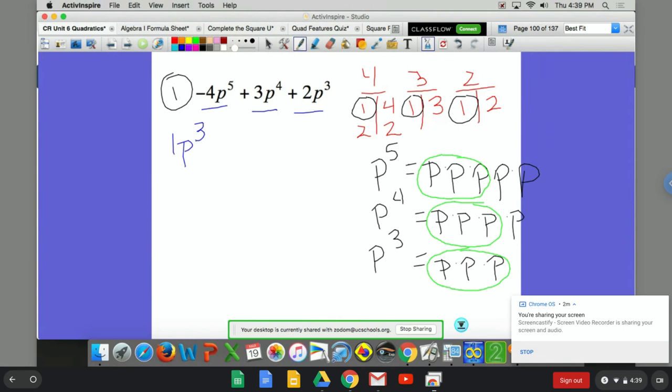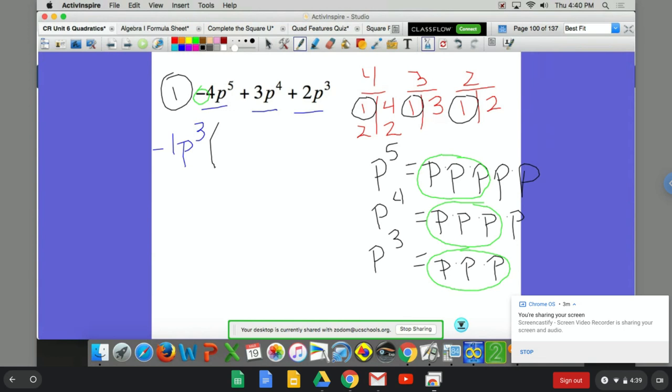Now, something else we cannot forget is that our leading coefficient is a negative, so therefore we also have to pull out a negative. Now we have pulled out all that we can, so now we can start filling in our parentheses. So we know we're going to have 3 different terms inside our parentheses since we started with 3 terms up top.